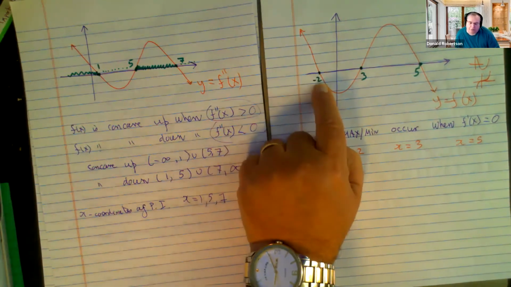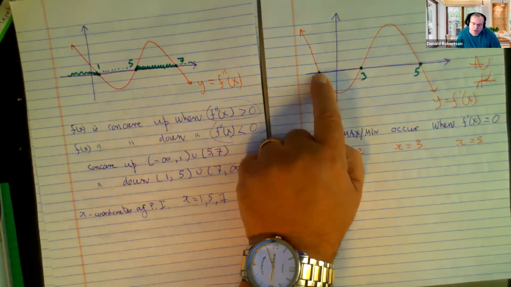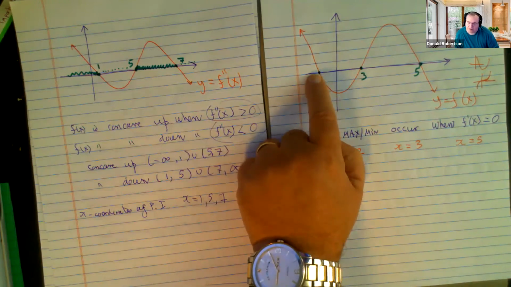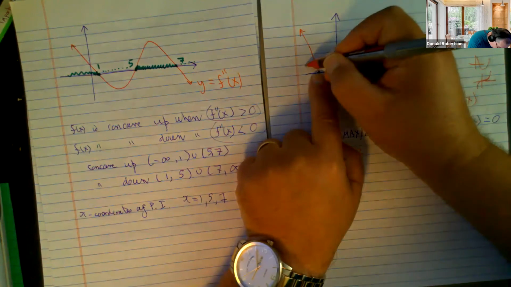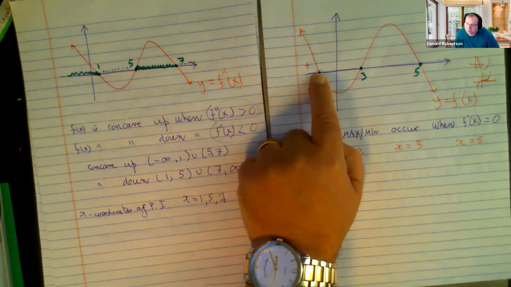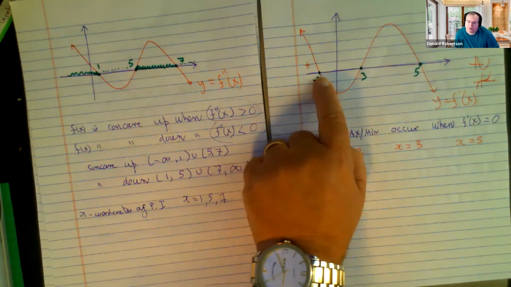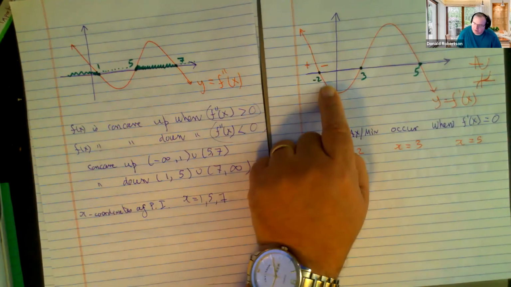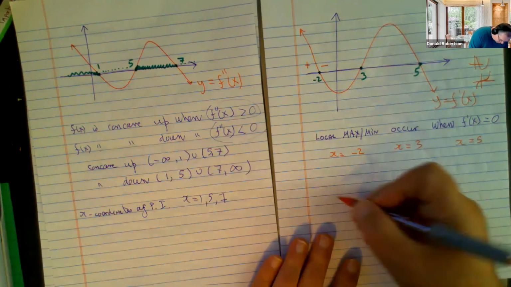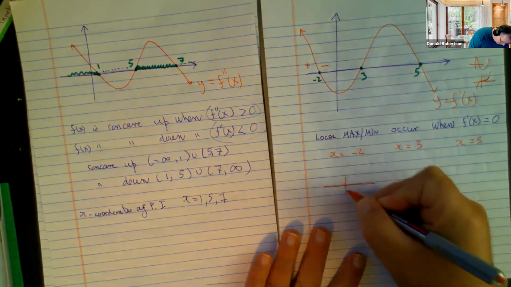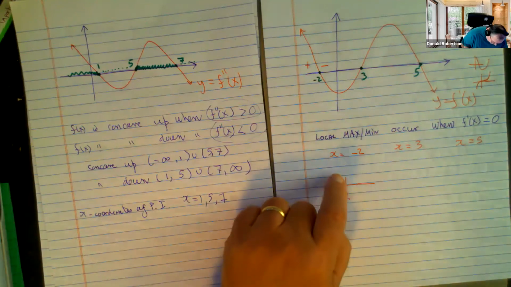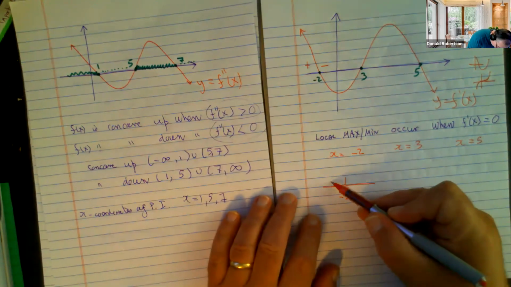Focus on this point here for a minute, at x equals -2. If you choose a value of x slightly to the left of it, like -3, would you agree the derivative is positive? And if you choose a value to the right of it, would you agree in this case the derivative is negative? Imagine we focused in just at -2. If the derivative is positive, doesn't that mean the curve's going up?